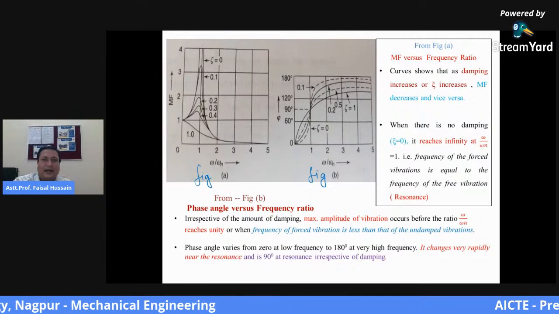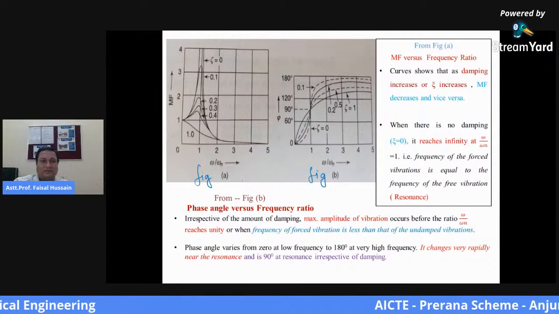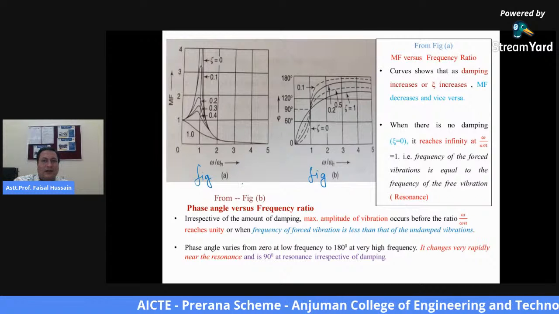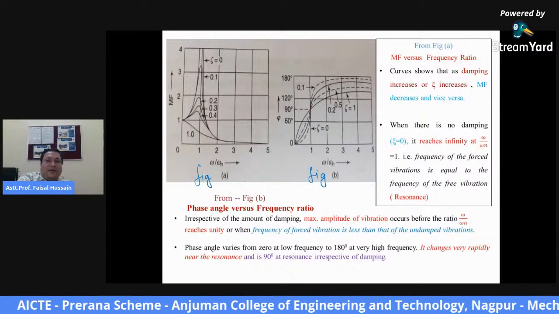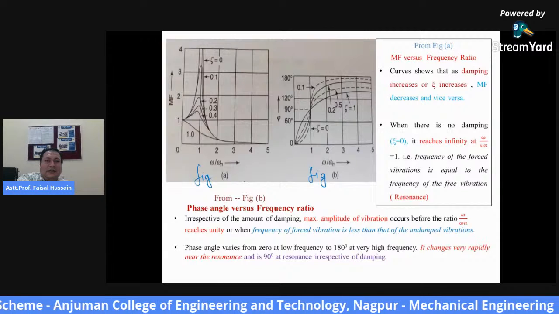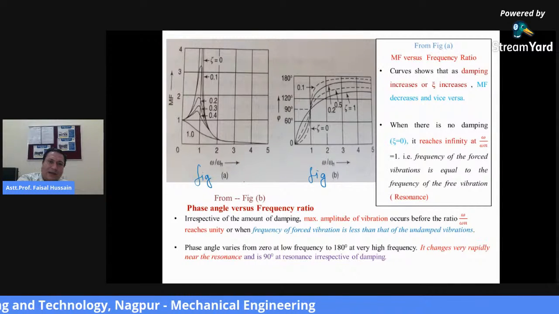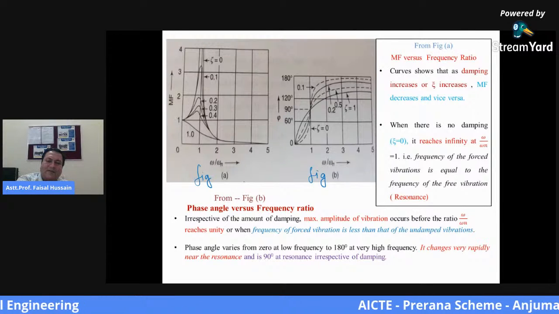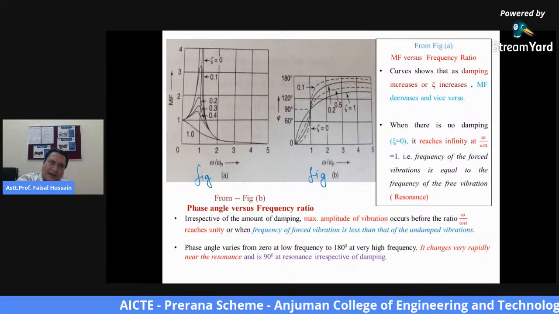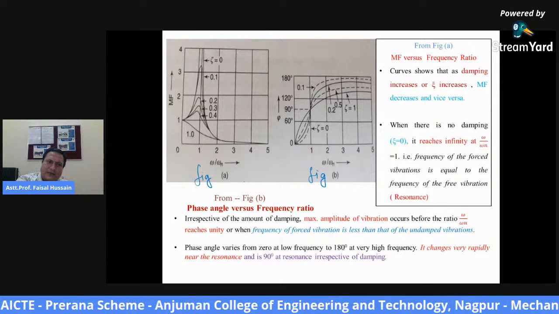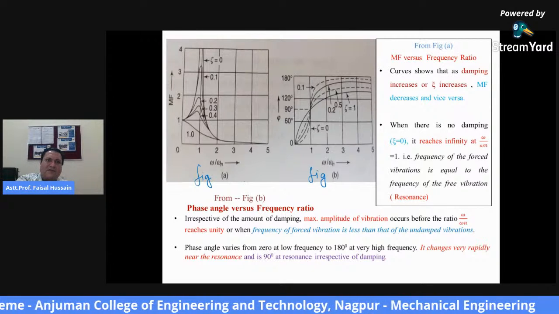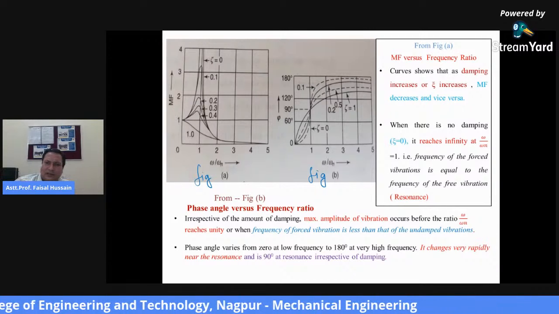So in figure number A, you can see that the curves show the damping. It means that if damping factor increases, magnification factor reduces, and if damping factor reduces, magnification factor increases.